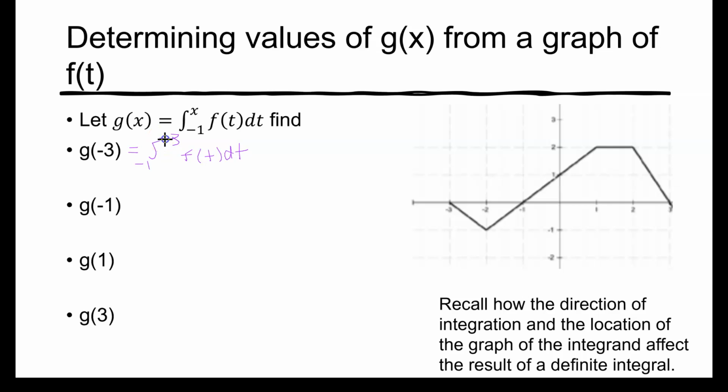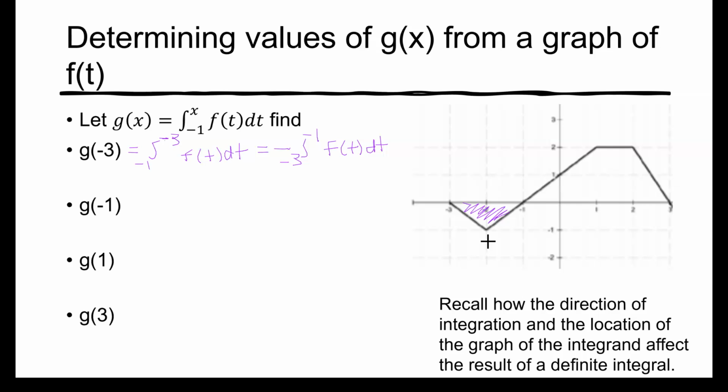But we know that we don't like our integrals to start on the right and work to the left. So really that's the same as negative the integral from -3 to -1 of f of t dt. And then what we're going to do is find the area between -3 and -1 on that graph. So we have a triangle of base 2, height 1. So you have 2 times 1, which is 2, times a half.